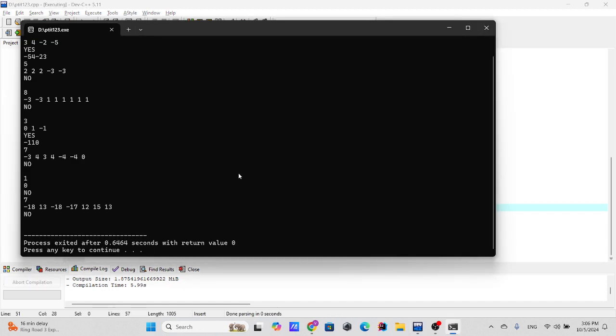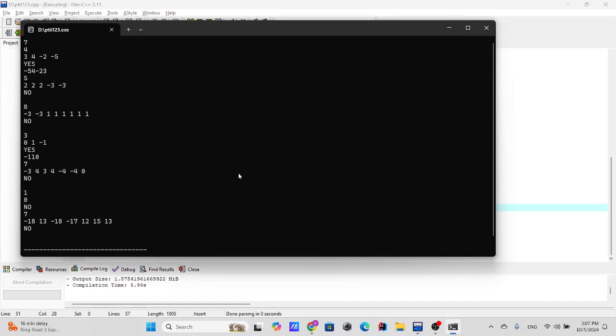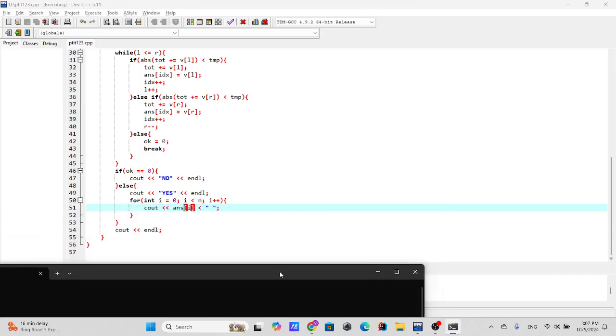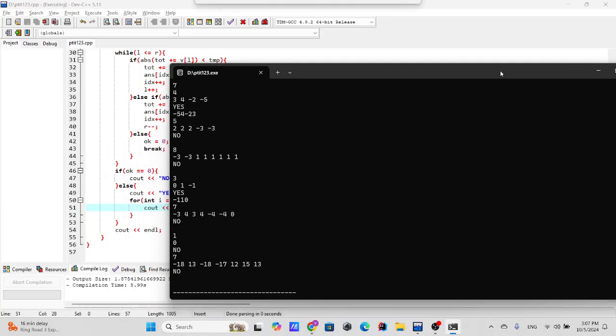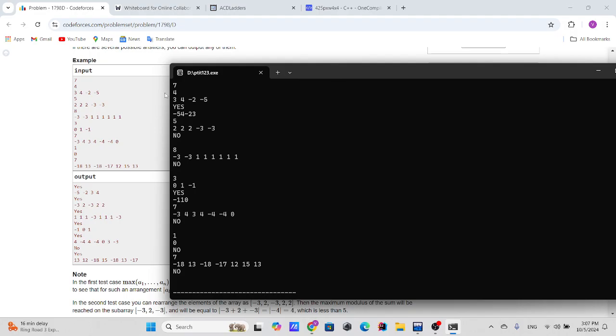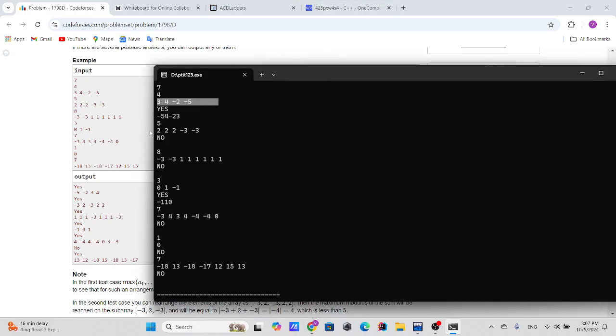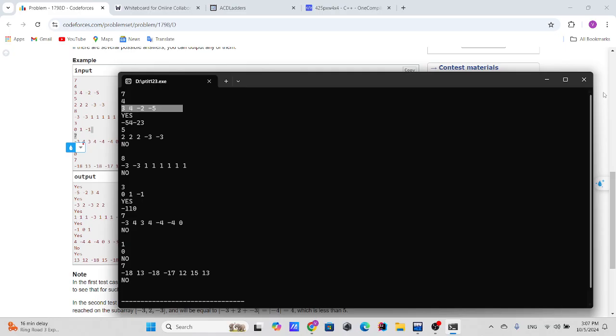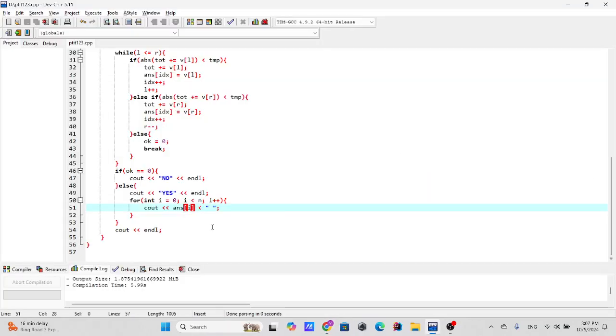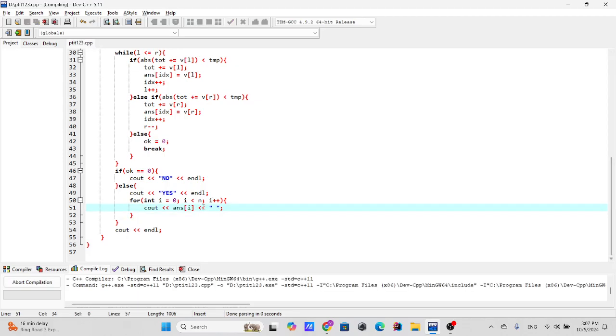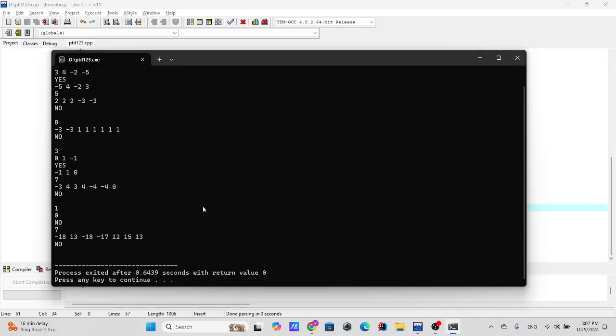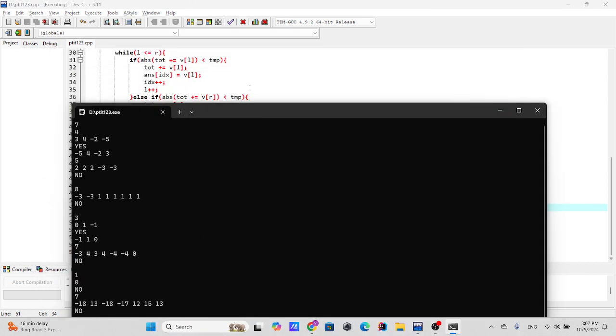Okay. Hmm. The fuck? 3, 4, minus, yes. Okay. -5, 4, -3. No. How is this no? How is that even no? Oh. Yeah, it's currently super wrong here.